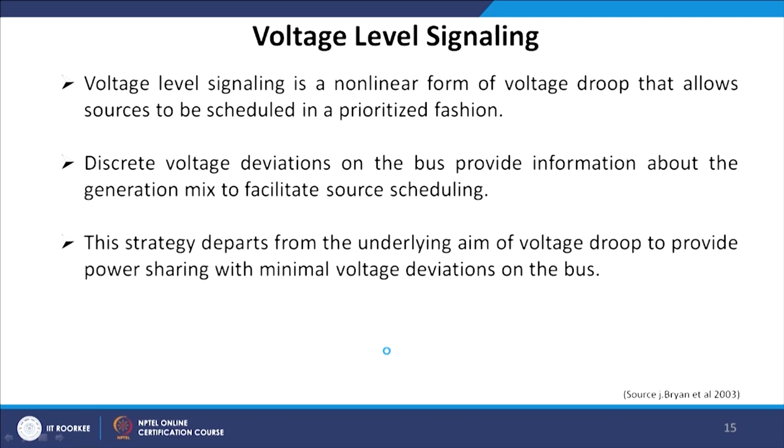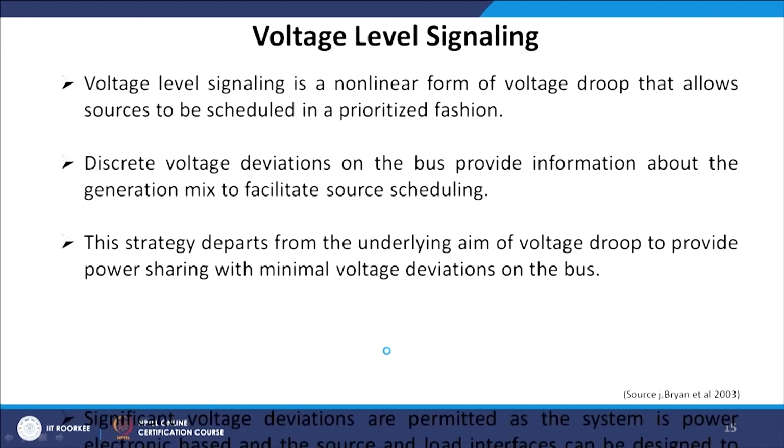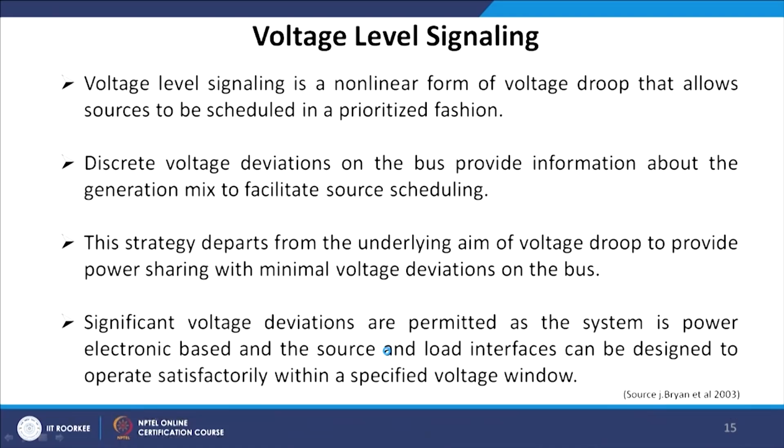This strategy departs from the underlying aim of voltage droop to provide power sharing with minimal voltage deviation on the bus. It also takes care of significant voltage deviation, which is permitted if the system is power electronics based and the source and load interface can be designed to operate satisfactorily within a specified voltage window.